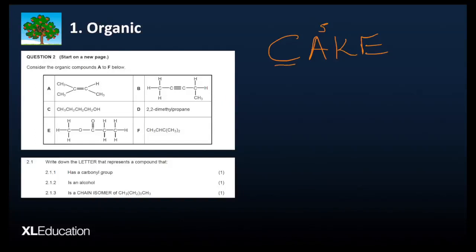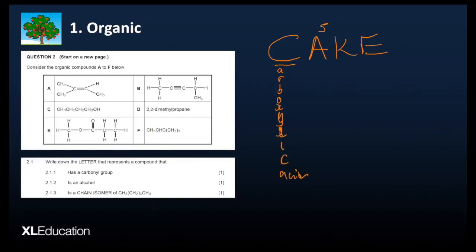C means your carboxylic acids. So I'm just trying to write it. Your carboxylic acids, right?